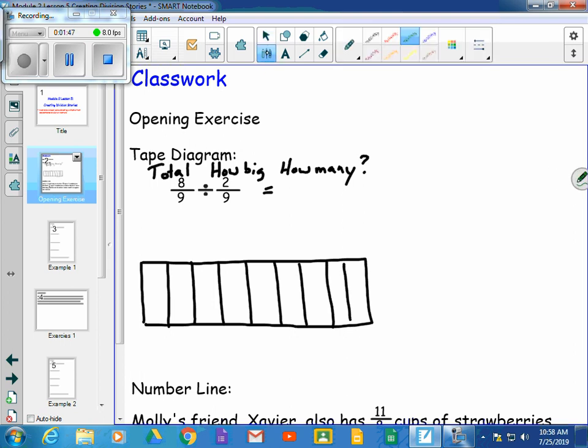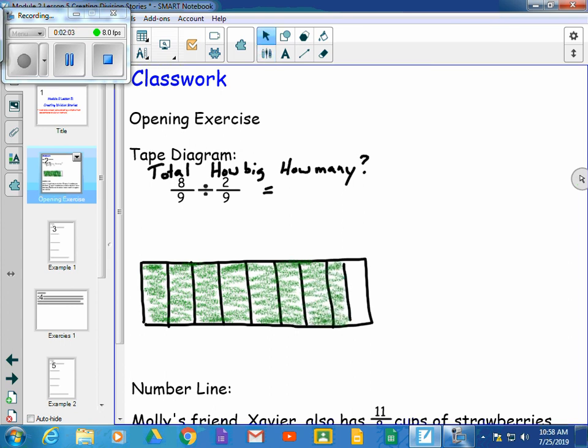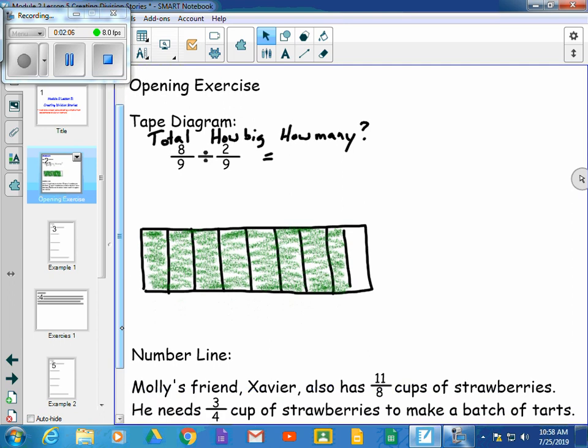And I'm going to color in 8 of those. Now I want to get that green part into groups of 2/9 big. So I want to put 2/9 into each group.